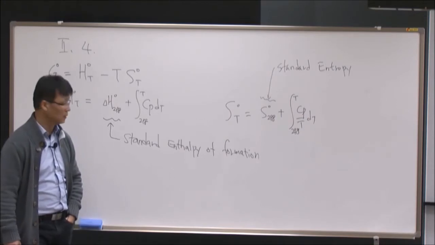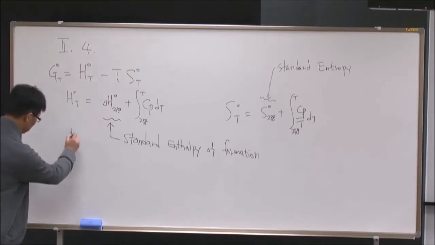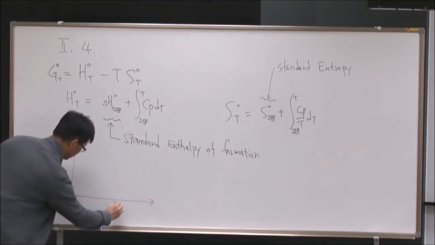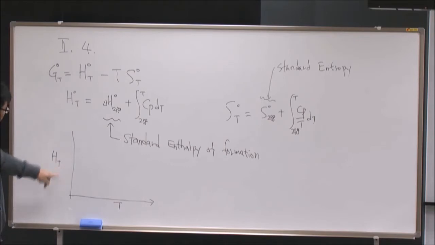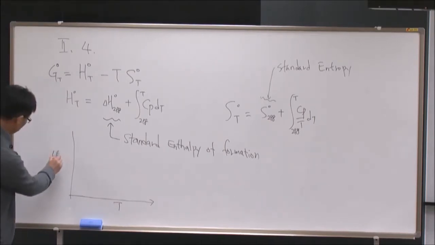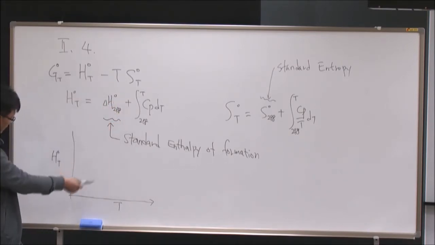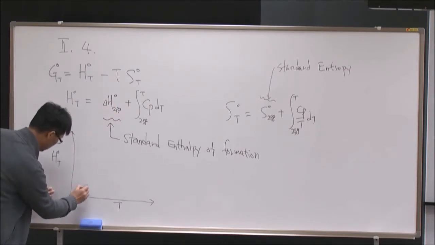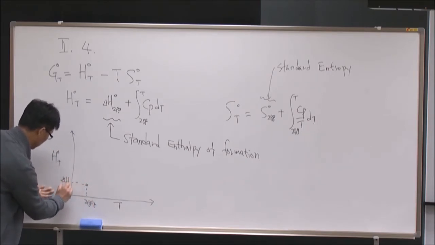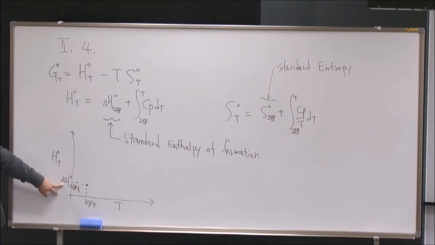Is it okay? Good. And let's look at this one again this way. Let's assume this axis is temperature, and this is H of the material at the given temperature. Okay? In this case, it's pure, so H naught. In order to calculate this, if I represent the equation in a graph here, we can define it this way. Okay? So at 298 Kelvin, we have our value here, delta H at 298 Kelvin, so standard enthalpy of formation at 298 Kelvin.